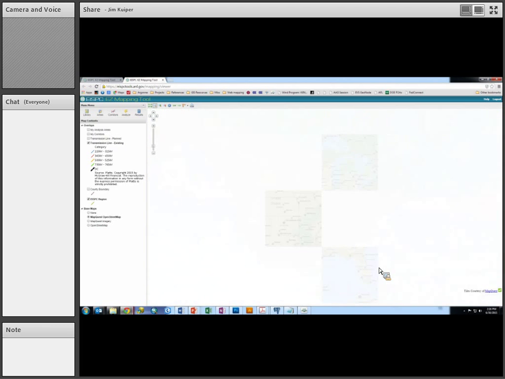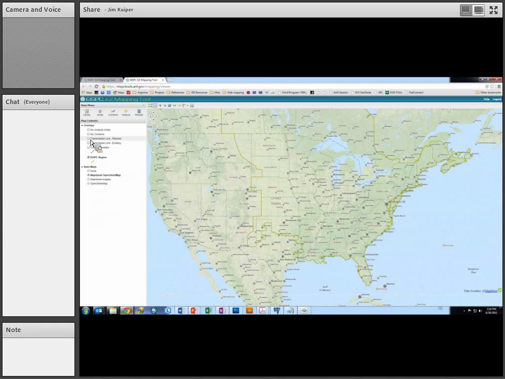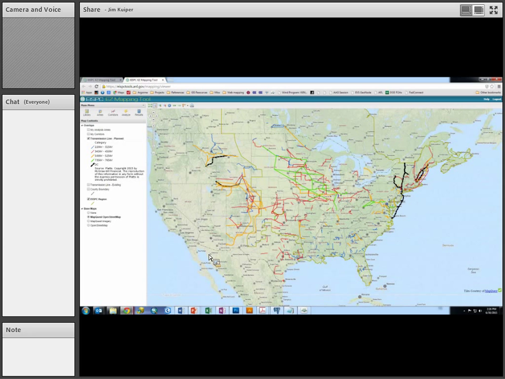Okay, so this is kind of a general grid of the United States, and it shows the higher capacity transmission lines. If I switch to the planned layer, you can see there's a whole variety of planned transmission lines. The green ones there are very diagrammatic in general, and there may be a company that's considering adding links to the grid in these areas, but hasn't really thought about the exact route yet, or hasn't published their plans.